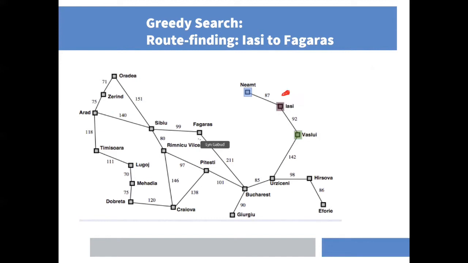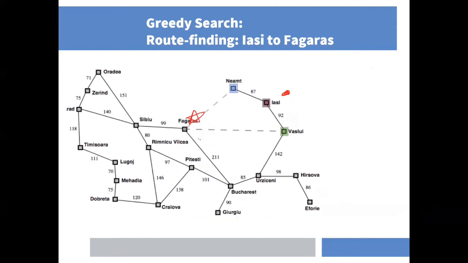There, let's put a star there. So you'll notice that Neamt is closer to Fagaras and probably has a lower SLD, or straight line distance, to Fagaras than Vaslui, than this one. Okay, so this will be expanded, the Neamt, this node.